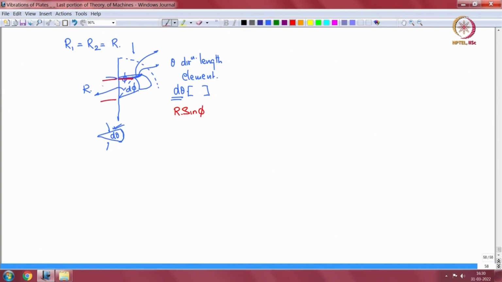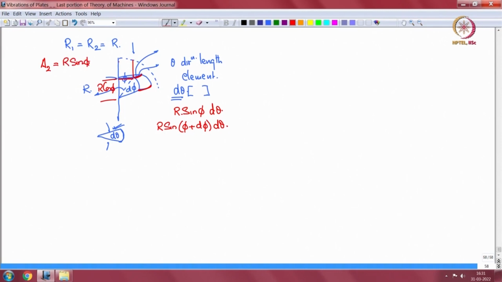This length is r cos phi. So r sin phi d theta is this elemental length. By this time there is a d phi increment, so it is r sin phi plus d phi, and d theta remains the same. So that means my A2 is equal to r sin phi.